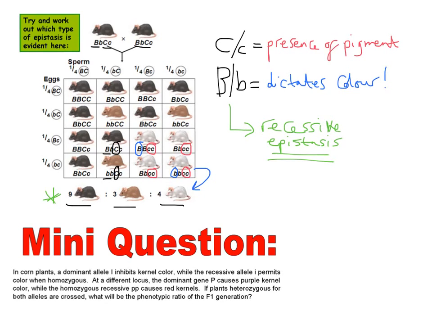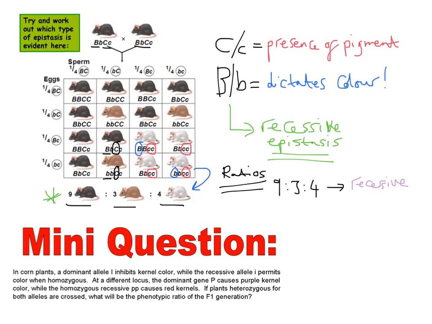I'll put a little title here, ratios. If you see a 9:3:4 ratio, that usually means that we're looking at a recessive epistasis.